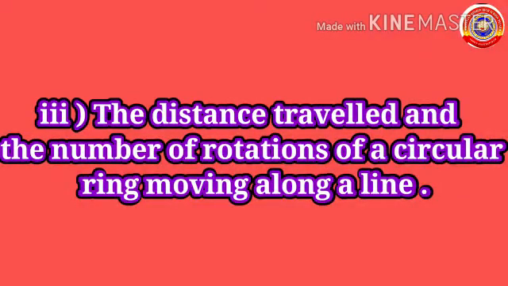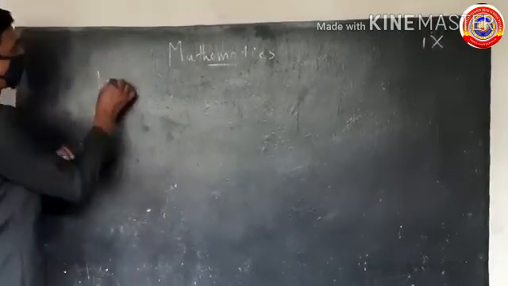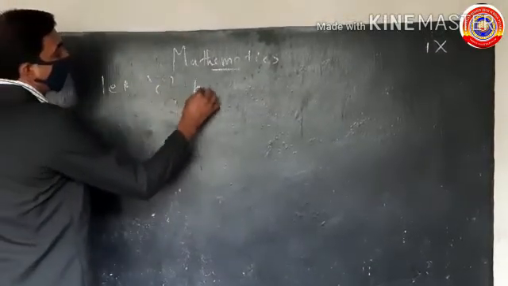In the third sub-question, the distance travelled and the number of rotations of a circular ring moving along a line. Let C be the perimeter of the ring.